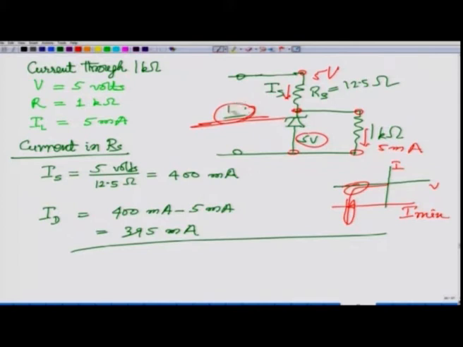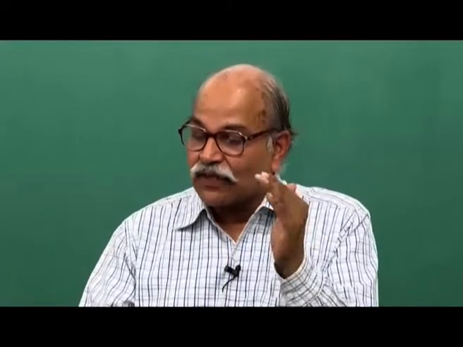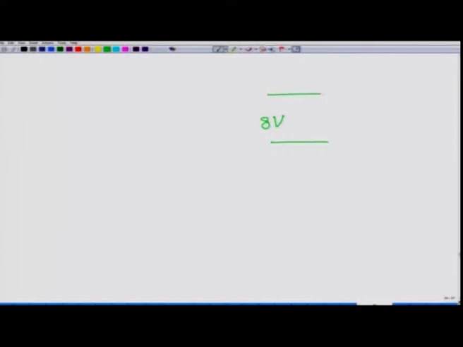Not a difficult task, you can always do the analysis, and let us say this is 8 volts. So, you have this supply, and suppose at a certain instant the voltage dropped from 10 volts to 8 volts, what happens? What we have here is resistance RS, which is 12.5 ohms, and then we had this 5 volt diode here, and from here we had this 1 kilo ohm load.